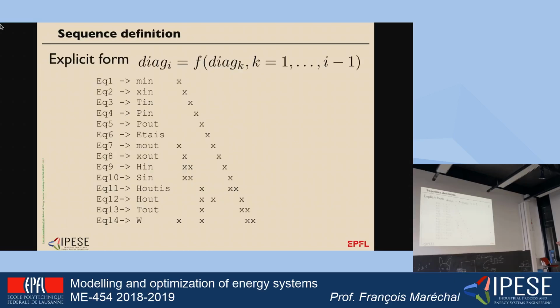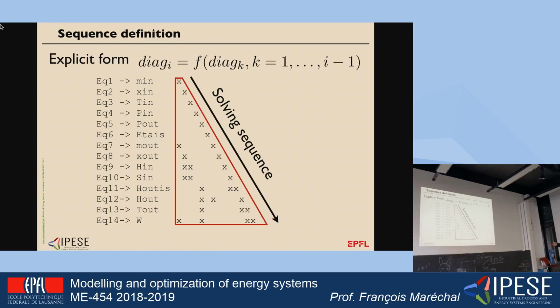Okay? So it means that if I have this, then I can say that the first equation is going to calculate this value. The second one is going to calculate this value. The third one is going to calculate this value. And I'm going to do it like this. And as soon as the values in the incidence matrix are in the lower part of the matrix, then I know this value, so I will be able to calculate the mass out, for example, knowing the mass in. Okay?